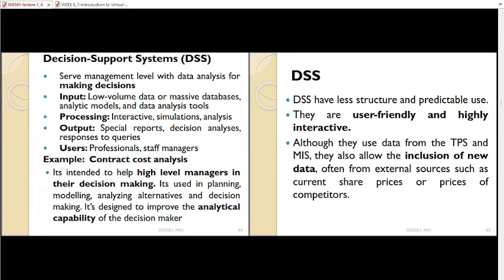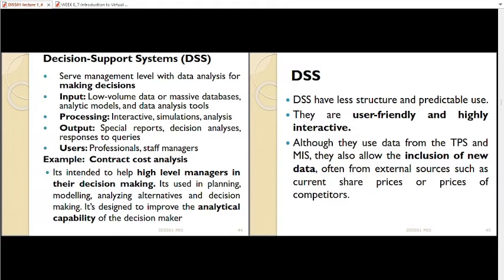It has the capability to perform much more analysis as compared to the MIS. You can see the output is low volume data or massive databases, analytical models, and so on. It is able to run that. We have examples such as contract cost analysis. We can have a system that is able to analyze and give you information regarding that.